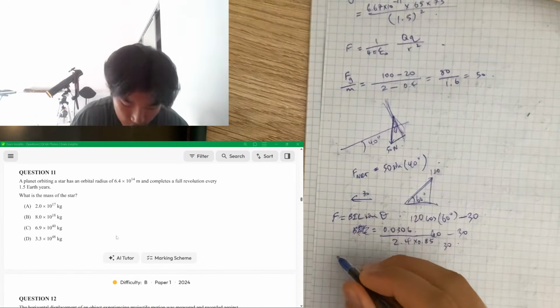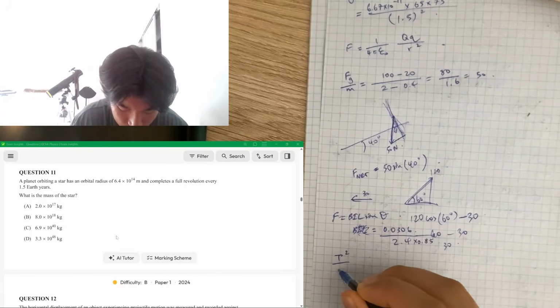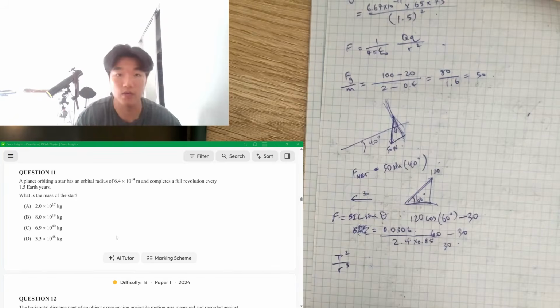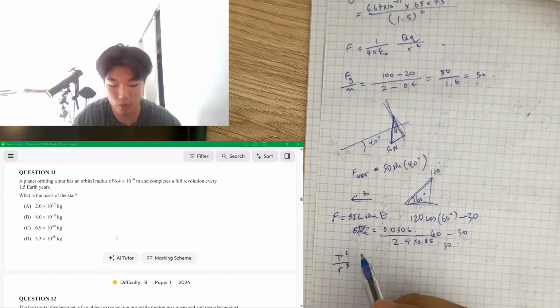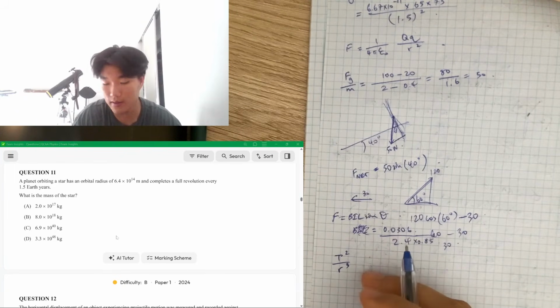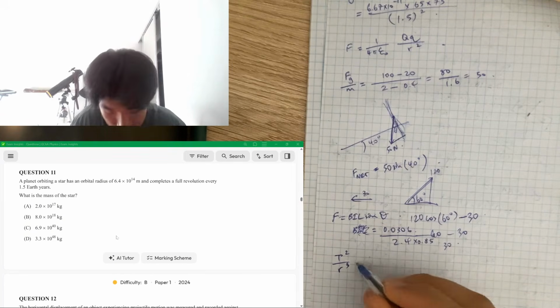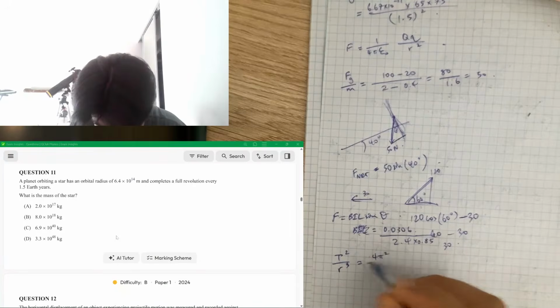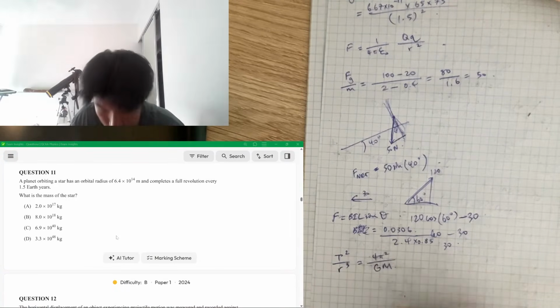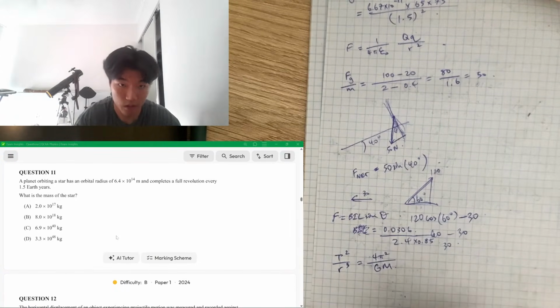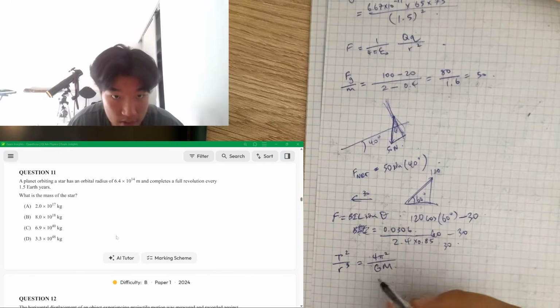In this case, we're going to be using the combination of the force due to gravity and centripetal force. So when you combine them, you get this. It's on the formula sheet. We're trying to find the mass of the star.